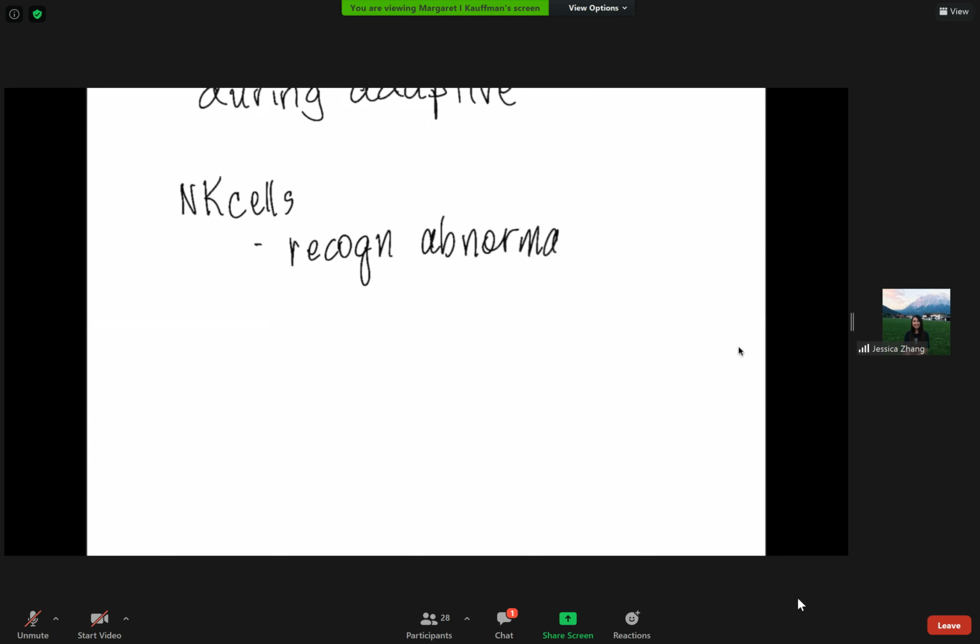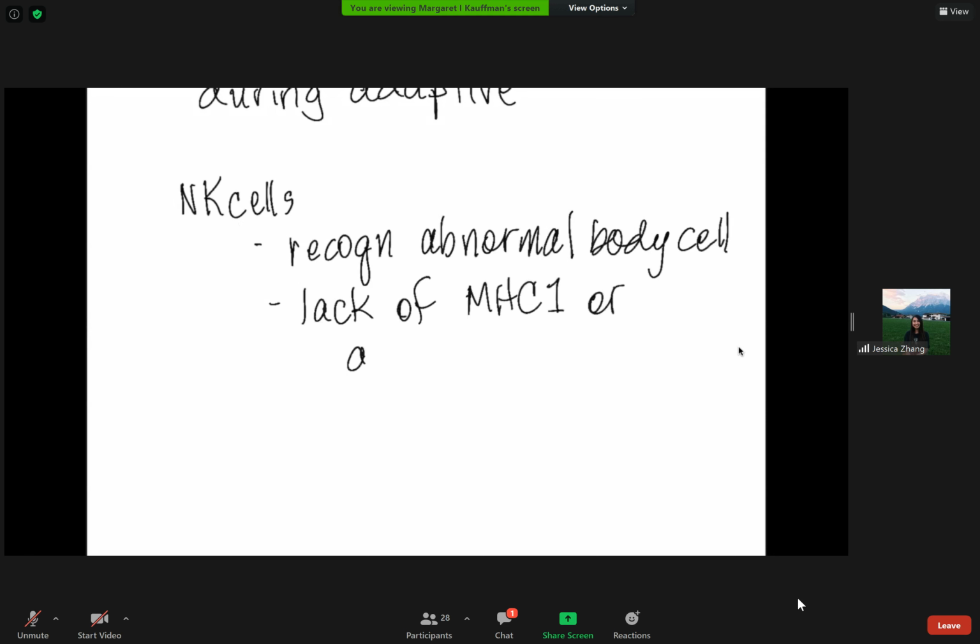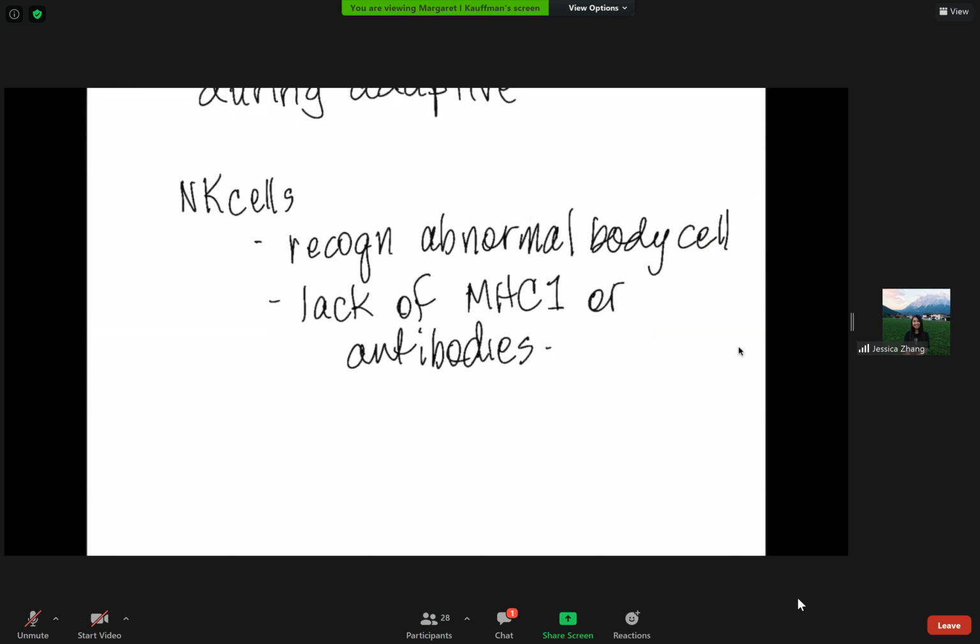So natural killer cells detect non-self cells by recognizing a lack of MHC1 or the presence of antibodies coating the pathogen. And they then kill the pathogen by releasing perforin and granzymes that induce apoptosis.